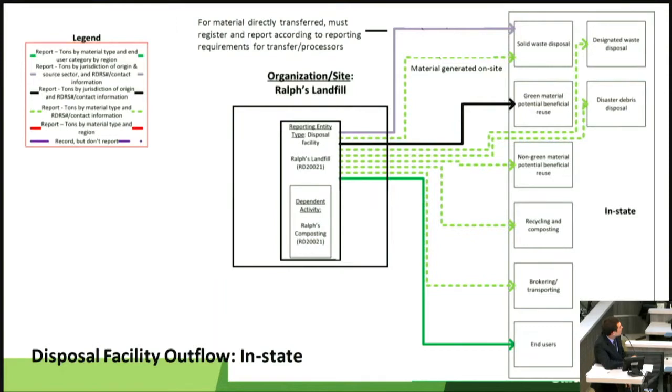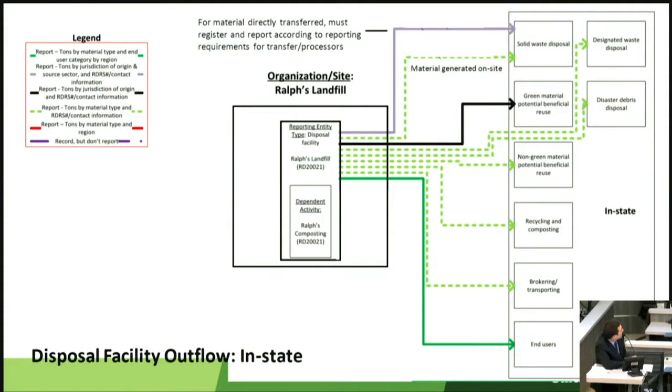We're not foreclosing the possibility that there could be additional direct transfer that occurs for material that's accepted but potentially not disposed, although this is something that we'll probably want to take a look at in the context of reporting.